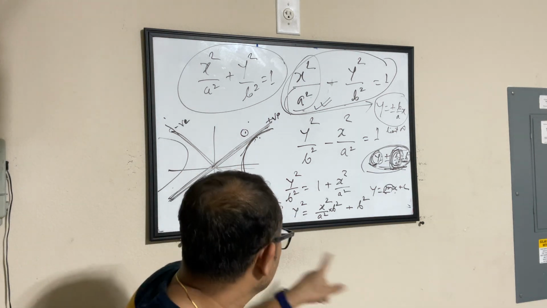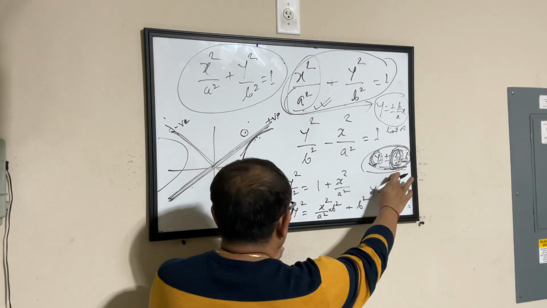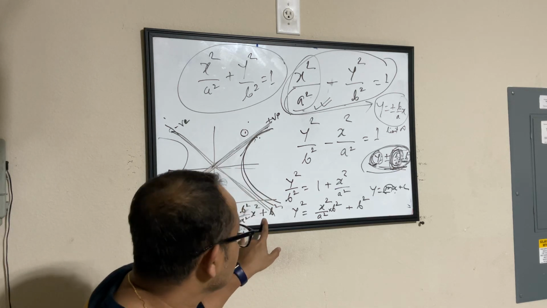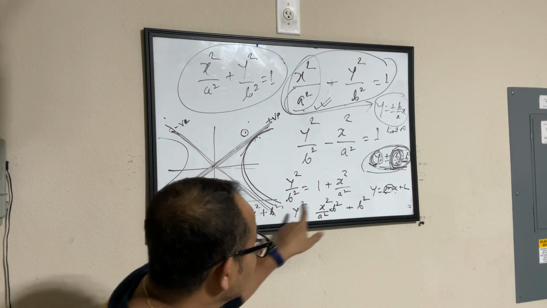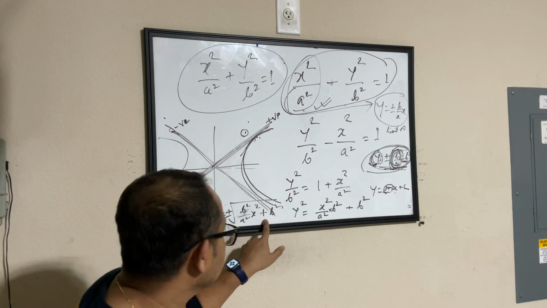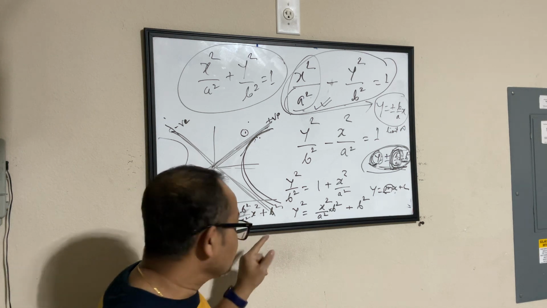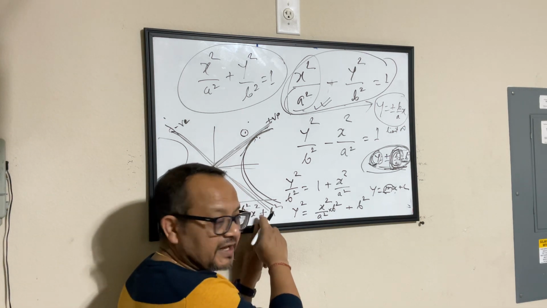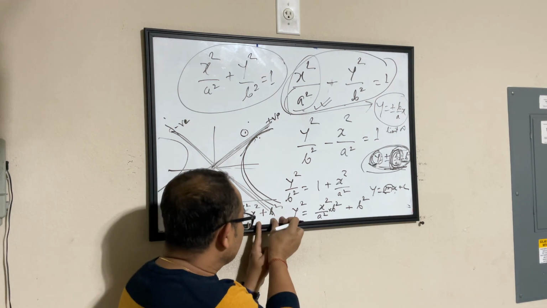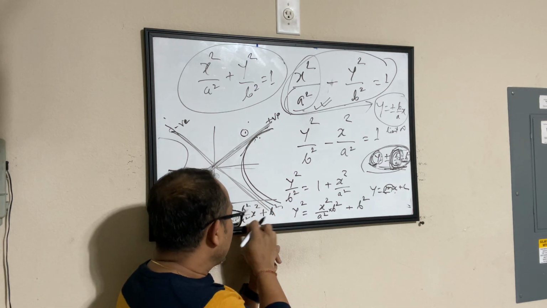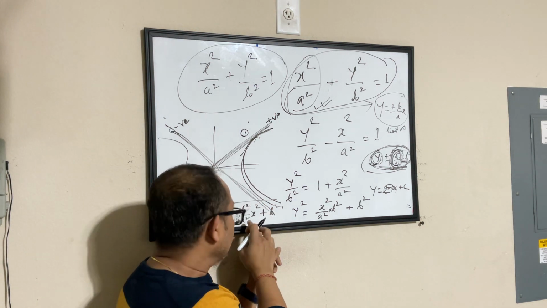So if you look at this equation and this equation, both are exactly the same. Only difference being this has a minus sign, this has a plus sign. So here also, if you imagine the same situation, when x tends to infinity, you will ignore this. This becomes your slope for the asymptote.